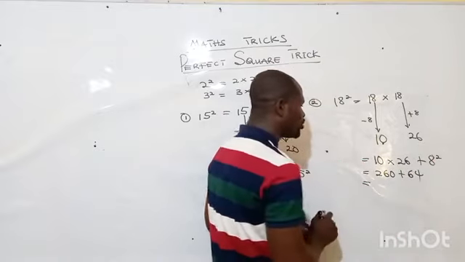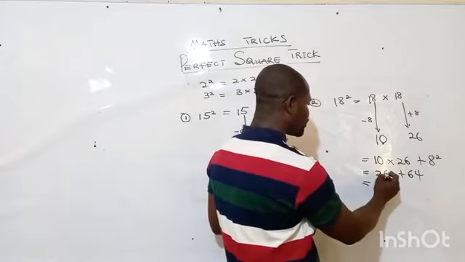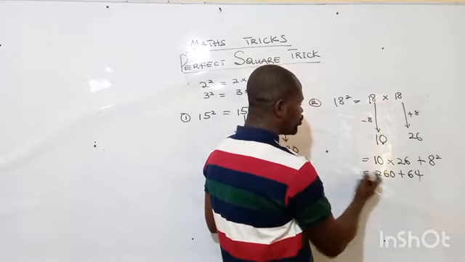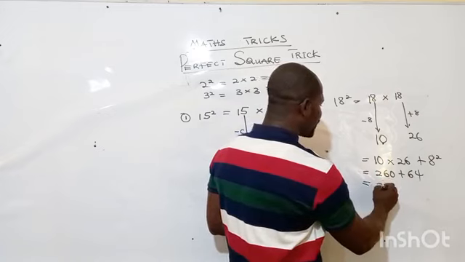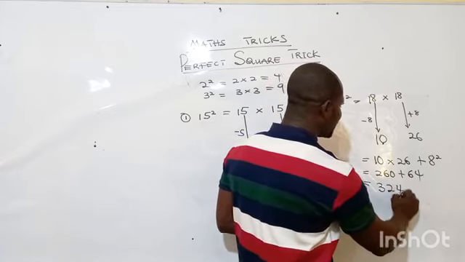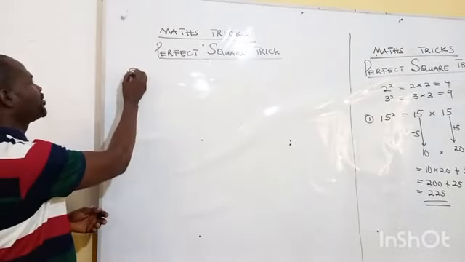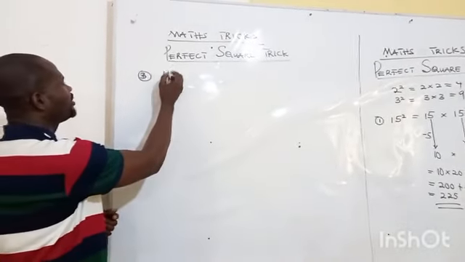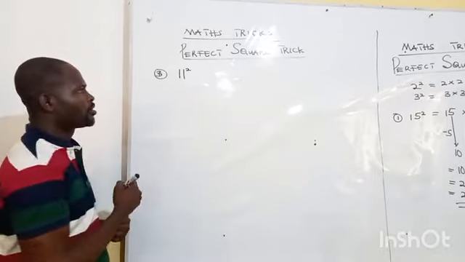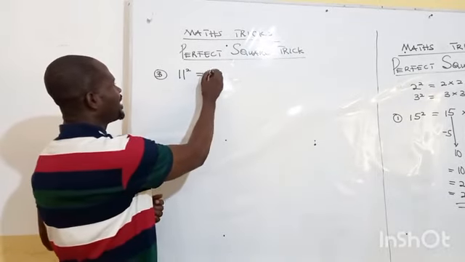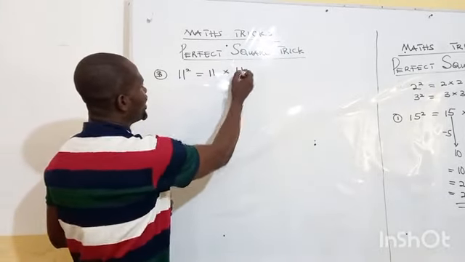So when you add the 64 to 260, you are going to get 324.